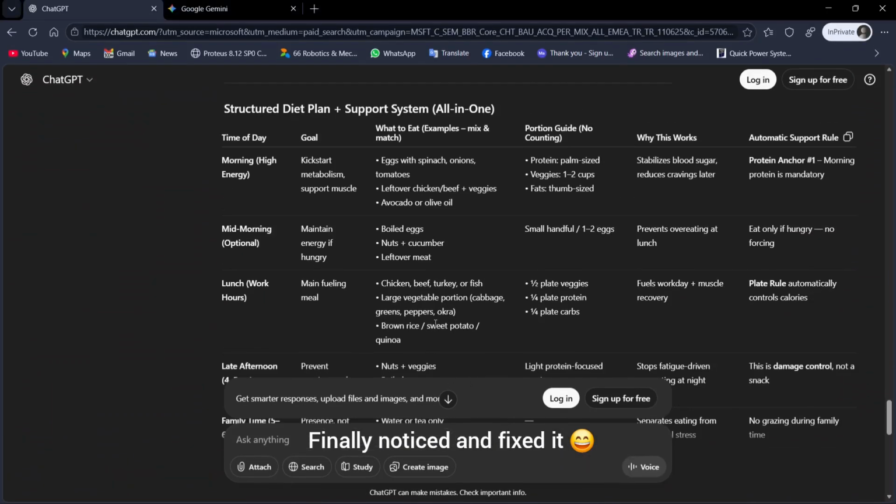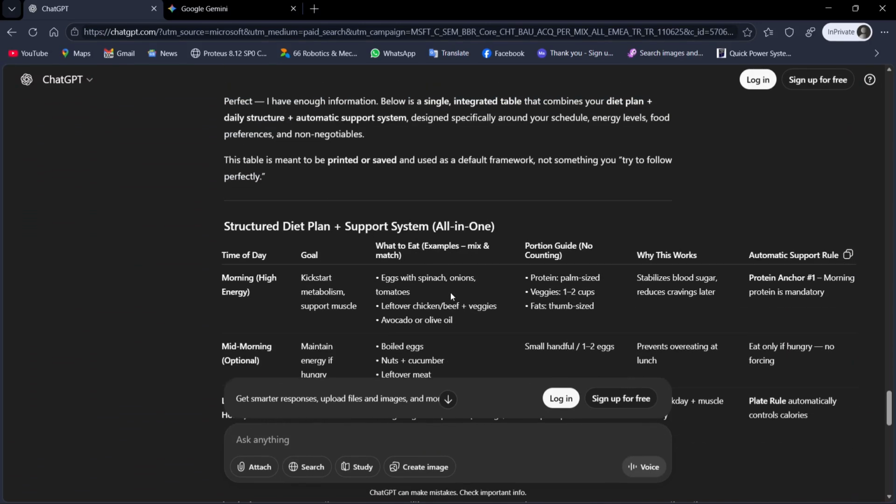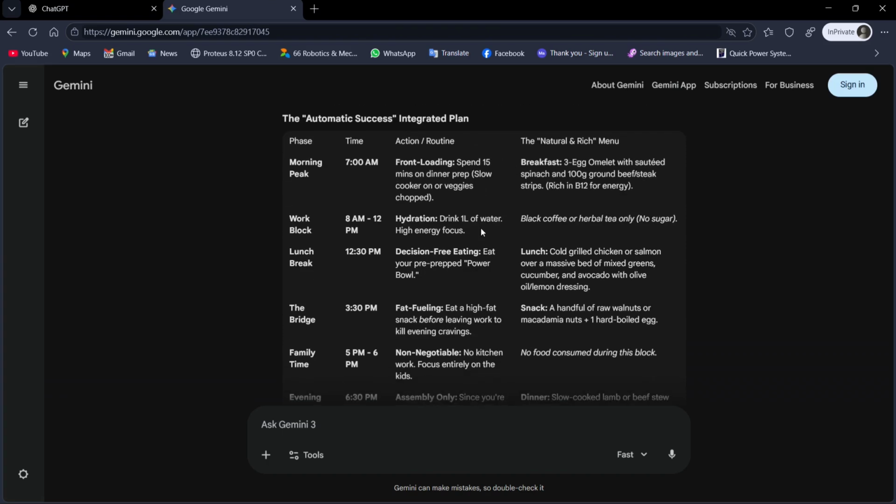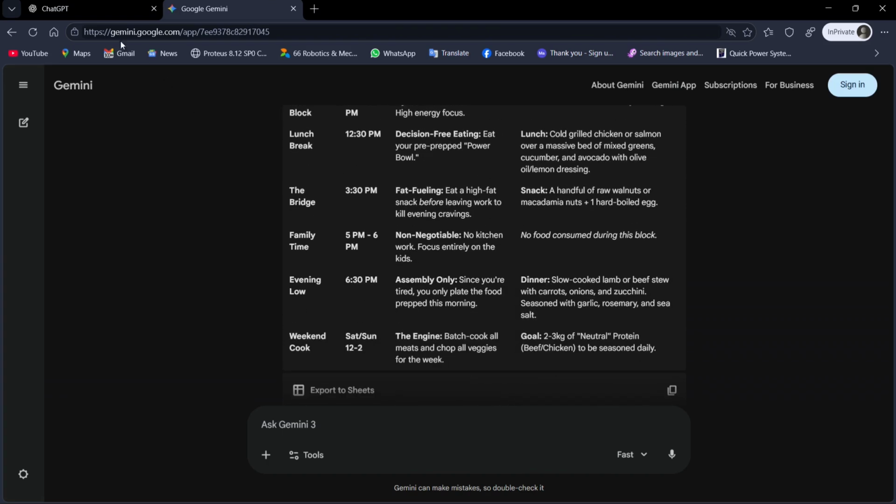All right, so I'm saying the response of ChatGPT for our third prompt is better than the response we got from Gemini. It's way better. Gemini gave us a table with four columns, and it was not very exhaustive.